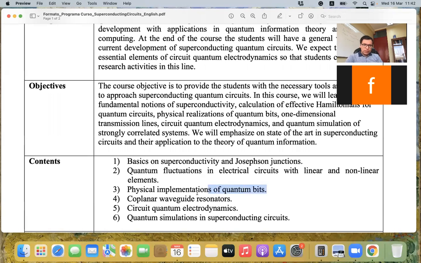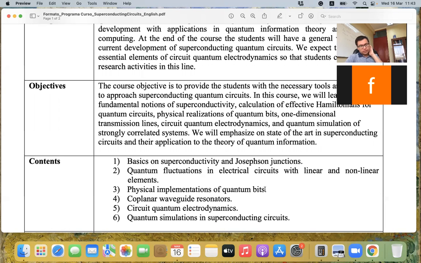Here in particular, we will discuss one of the very first proposals for quantum bits, which is the famous Cooper pair box. Then we will study the improvements of the Cooper pair box, which is the transmon, which right now is one of the most implemented qubits in research labs, okay?